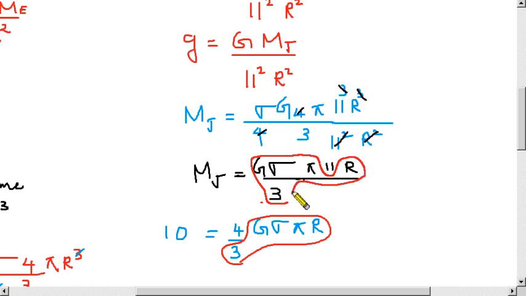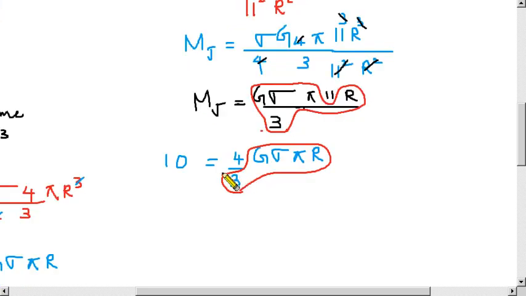So all these are equal to 10 divided by 4. Let us take this 4 to the left-hand side, to the denominator, like this.